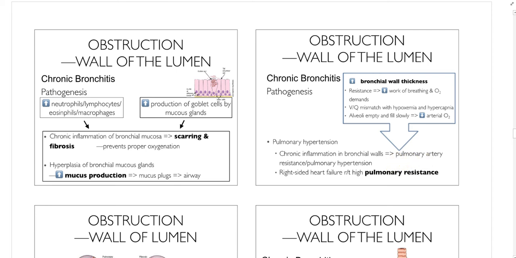It's more complicated than that, but just understand that pulmonary artery resistance and hypertension occurs whenever we have pulmonary problems. And that can always lead then to right-sided heart failure because we have so much resistance that the right ventricle is having to work that much harder to pump blood through. Cor pulmonale.